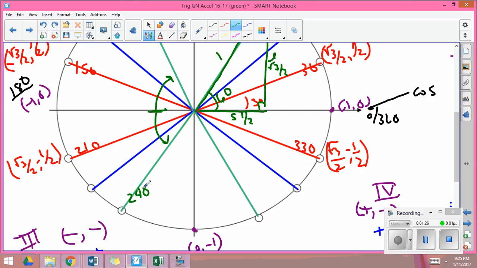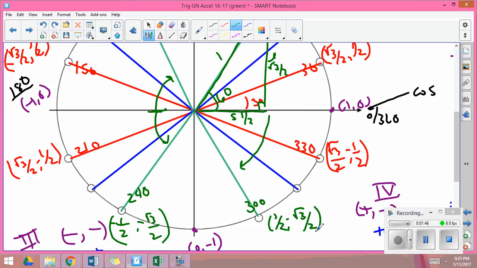And then I am at my negative 1/2, negative square root 3 over 2. And if I'm at 360 and I come back 60, I'm at 300, and I am at positive 1/2, negative square root 3 over 2.